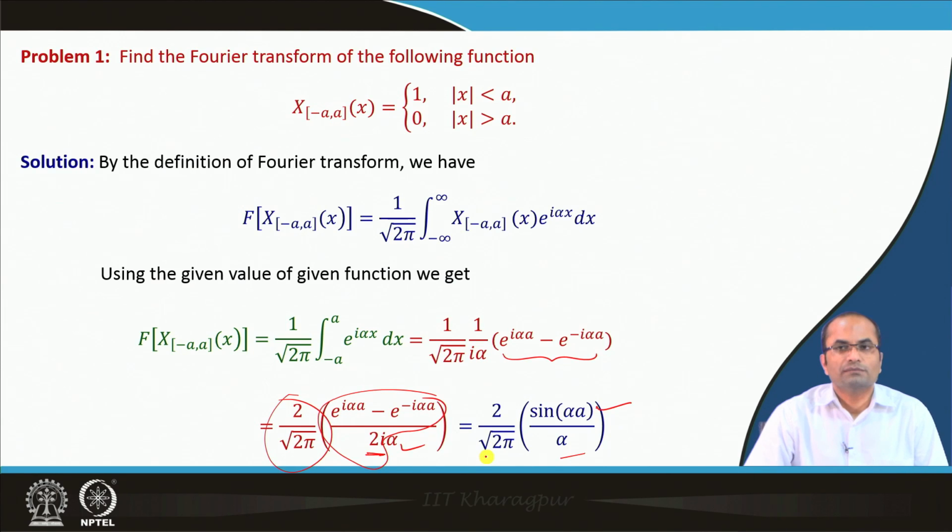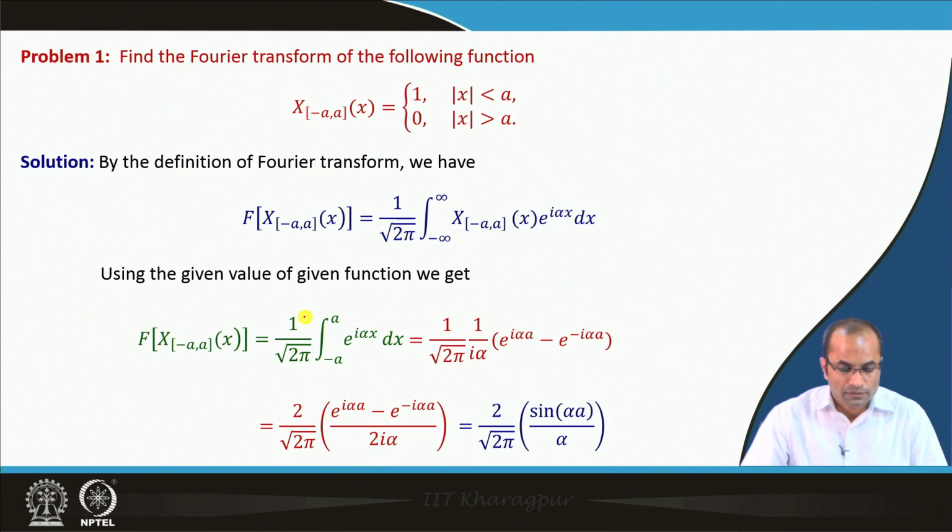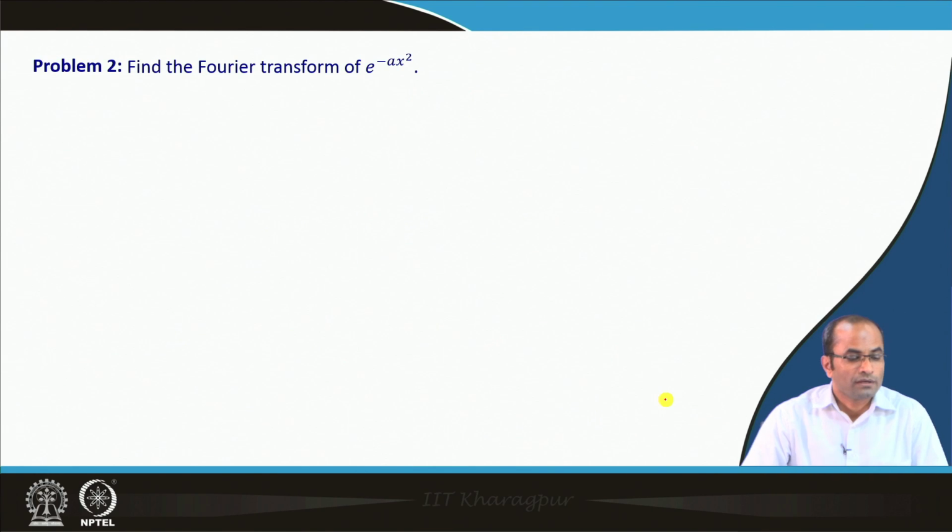So, this was a very simple function because it is defined only in the region minus a to a. So, this integral, which is from minus infinity to infinity, has become just from minus a to a, and because of the exponential function the integration was easier and we got this value as its Fourier transform.